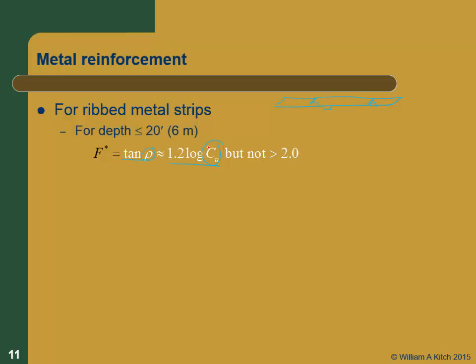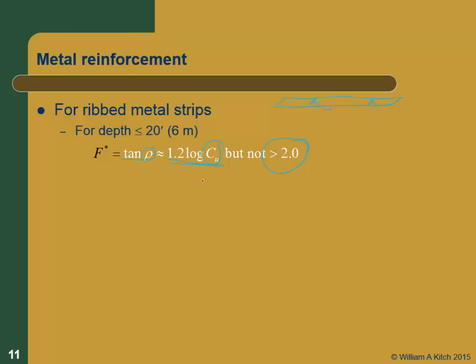As your coefficient of uniformity gets smaller, you've got more and more uniform soil, right? A high coefficient of uniformity means a well-graded soil, and obviously a well-graded soil is going to have a higher friction angle, and the higher friction angle is going to have a higher interface angle. So the way you estimate F star for metal ribs is simply 1.2 times log of the coefficient of uniformity, but don't ever take it greater than 2.